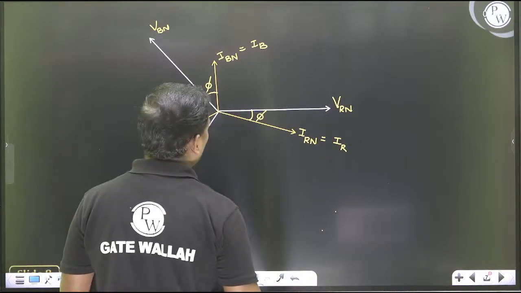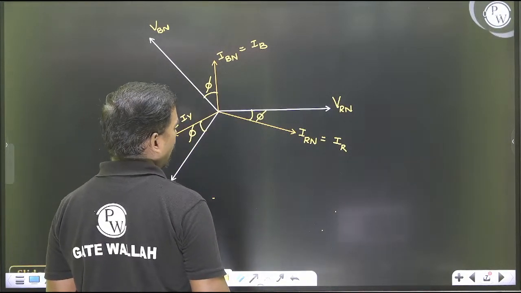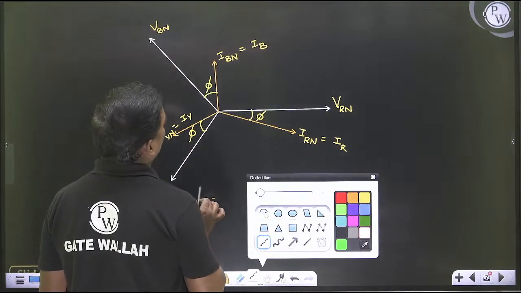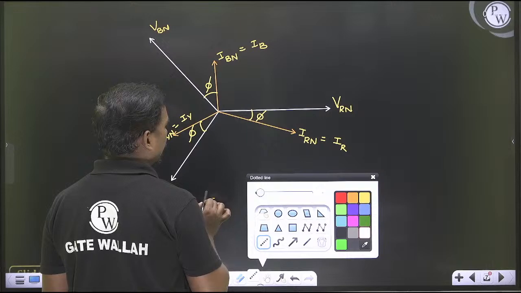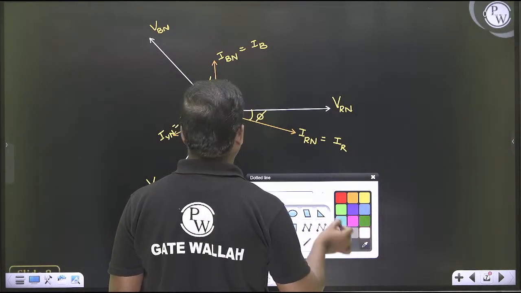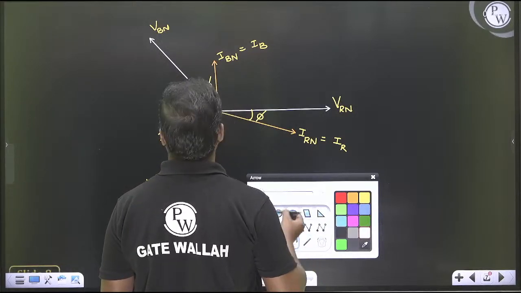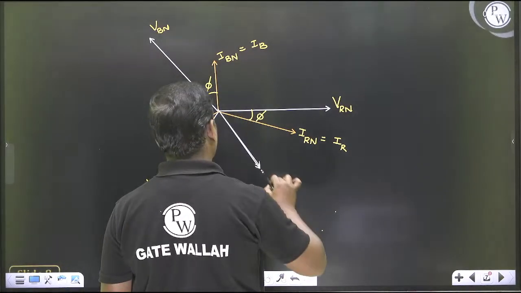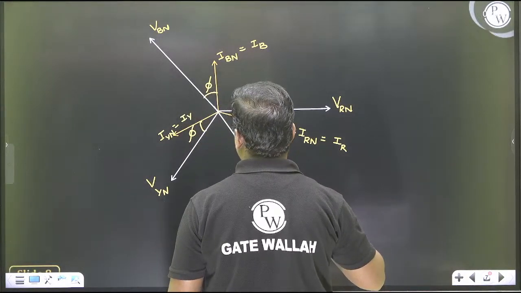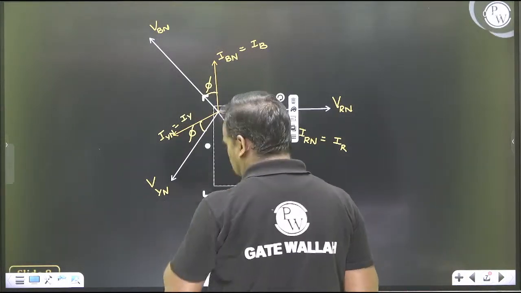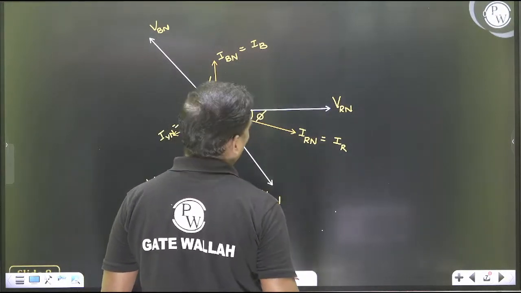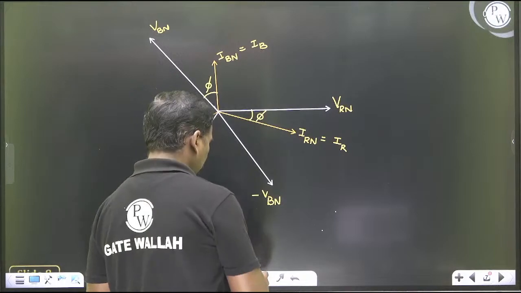If you see this VRN and VYN, the resultant of these two, so this is a VBN, right? If you extend this VBN to the back side, this is the minus VBN. So now VRN and minus VBN, you can take.